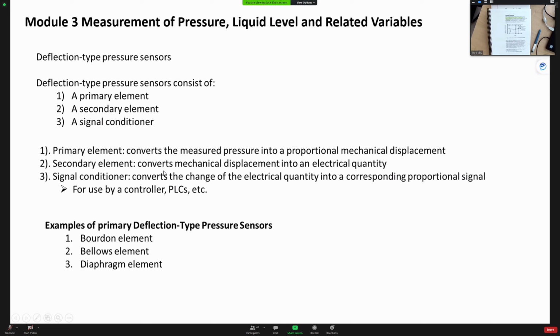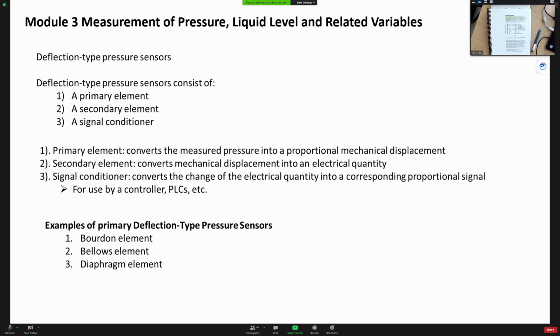The secondary element converts that mechanical displacement or movement into electrical quantities. The most common is we can change those movements into a variable resistor, so we can change the resistor value. Or we can use it to change a variable capacitor, because if we change the distance between the two plates, we change the capacitance.